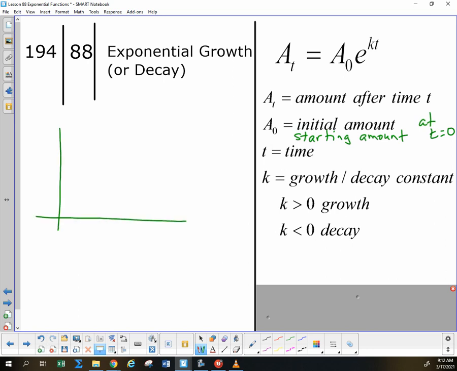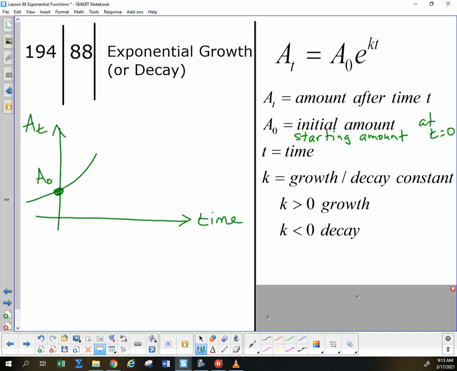So a couple of things here on our graph. This is going to be time. The y-axis is going to be our amount at some given time. It's a function of time. If t is 0, when we have a starting amount, that means our y-intercept is A0.